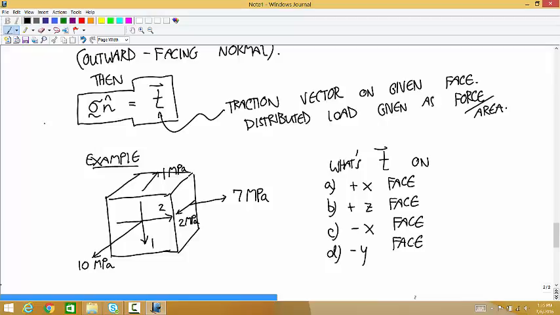But we know what these should be because this stress tensor is defined in terms of these tractions. We know that on the positive x face, we should get a traction that's equal to positive 7, 0, positive 2. On the positive y face, we should get 0, 0, negative 1.